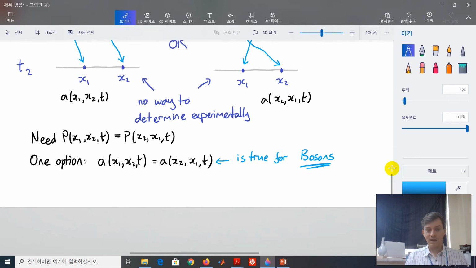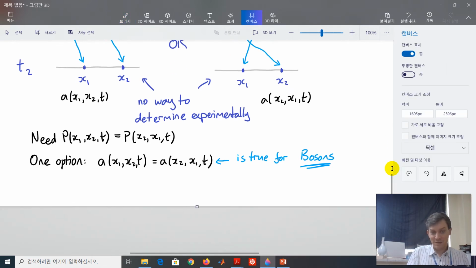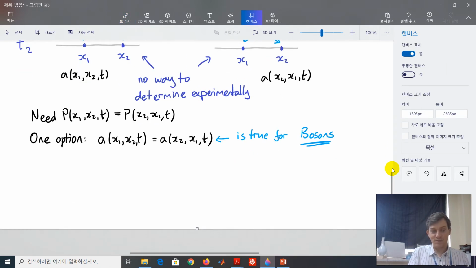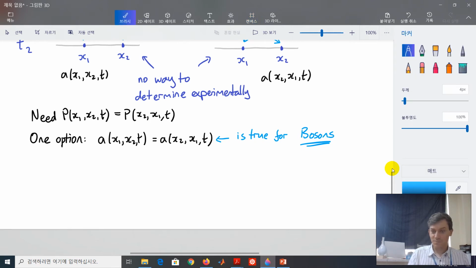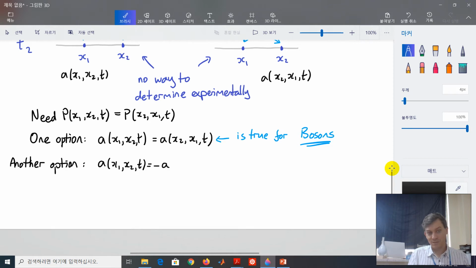There is actually another possibility, keeping the same equation for the probability true. The other option is that you get a minus sign when you swap the positions of the two particles. That's okay, because experimentally there's no way to detect this minus sign.